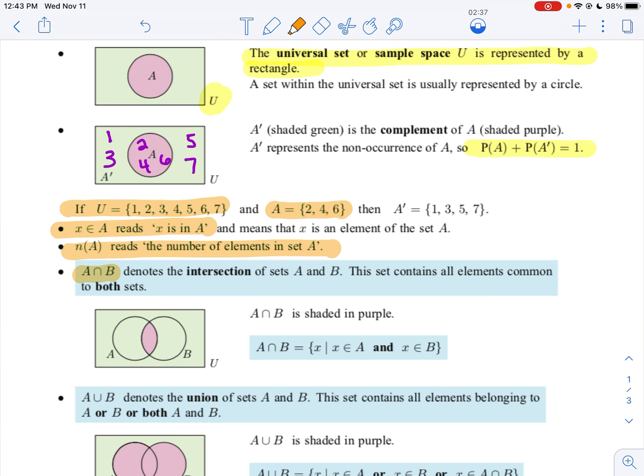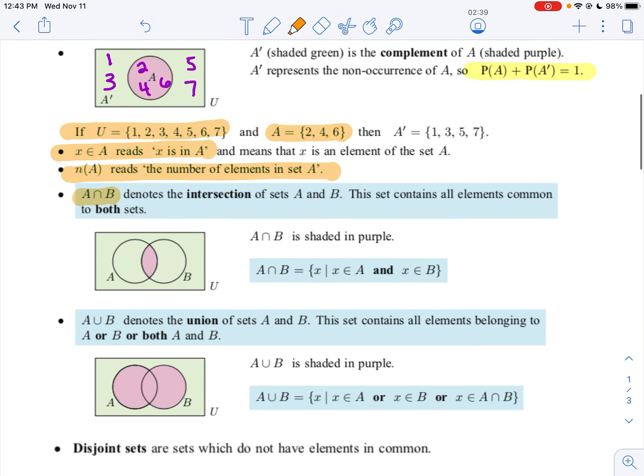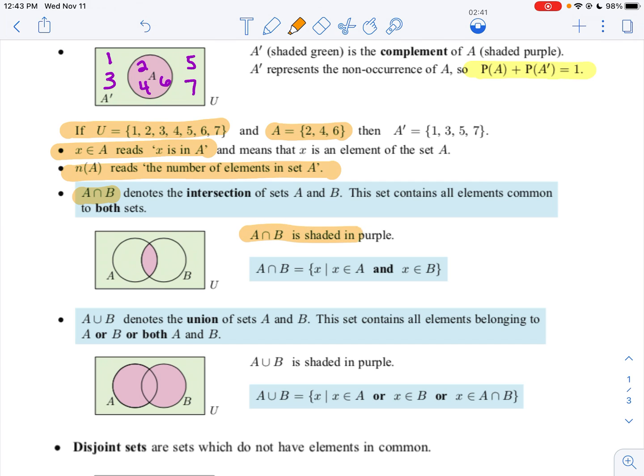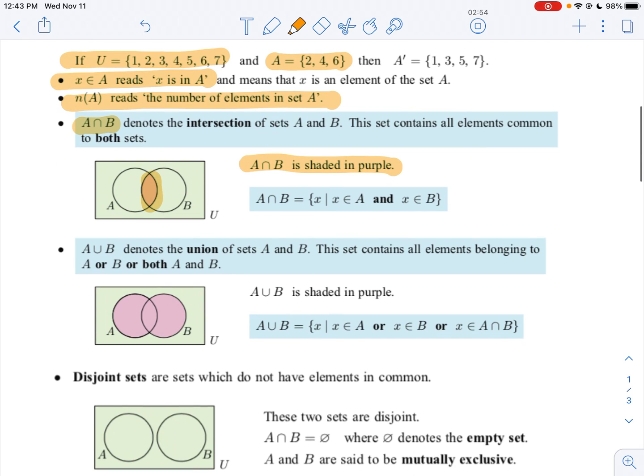That means what do they have in common? So if you notice here, A intersect B is this shaded region in between. And A intersect B says X such that X is an element of A and X is an element of B. A union B denotes the union.